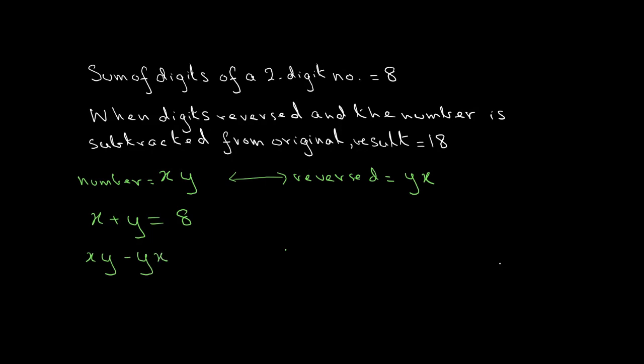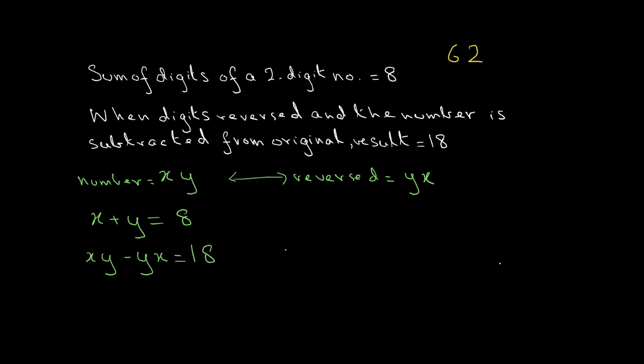Please remember, if we write the number 62, we are not multiplying 6 by 2. We're just saying it is 6 tens and 2 ones. So here it means x tens and y ones, or in the reverse case, it means y tens and x ones, right? So xy minus yx, this number is equal to 18.